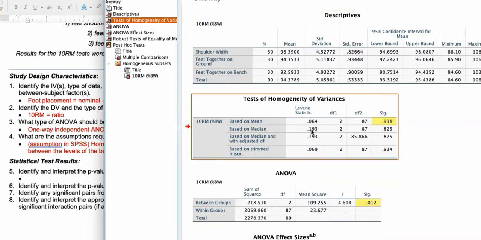Our test of homogeneity of variance is kind of the first stop that we make. So this is Levene's test that tells us if we've met our homogeneity of variance assumption or not. So in the output, we can see that our p-value under the based on mean row is 0.938.